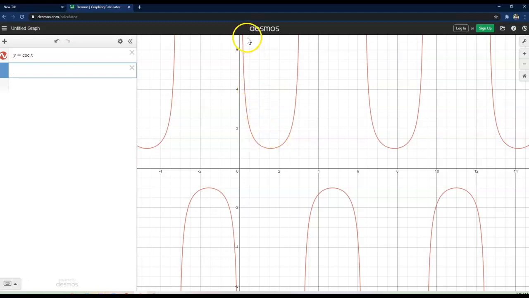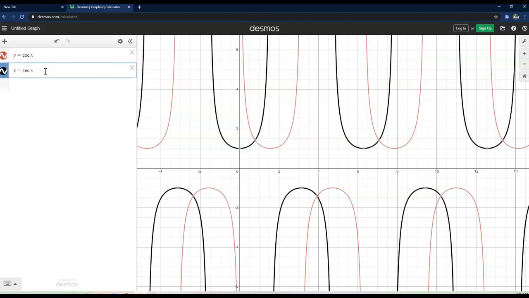Notice that it starts off with an asymptote. Like if we're going from the y-axis to the right, it starts off with an asymptote and then gets another asymptote at pi. Okay, that's one thing I want you to key in on here real quick. And then we've got the secant of x, which is the black one here, and it starts off at 1 and then gets an asymptote at pi over 2 and then does all this stuff.